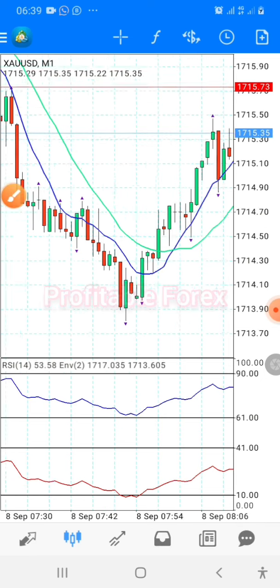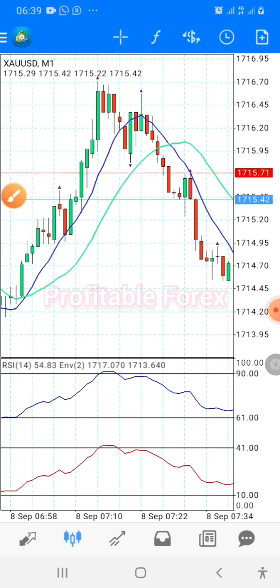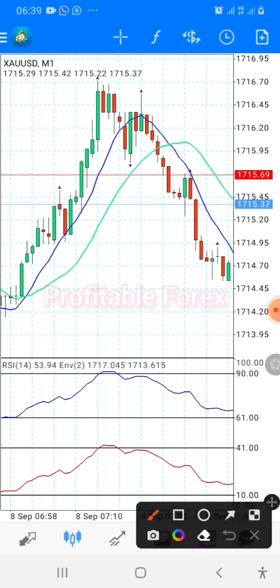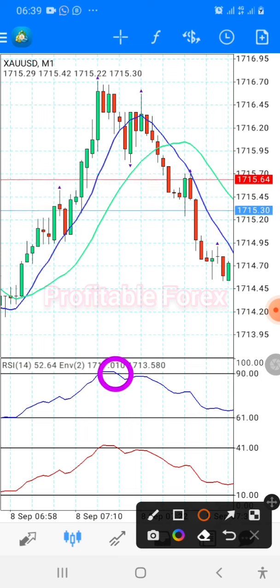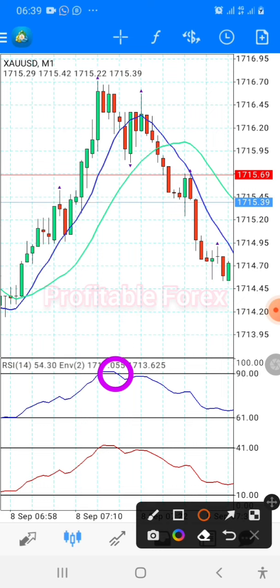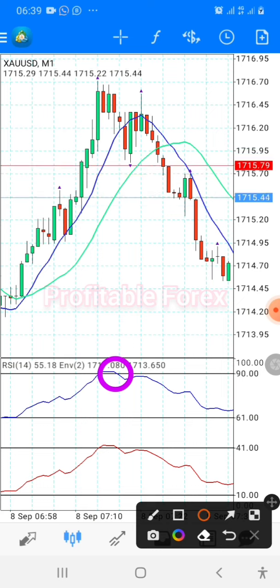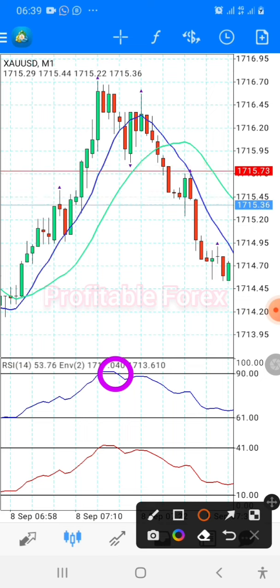Then for a sell, the explanation is the reverse. The blue moving average has to be at level 90, and not just at level 90, it has to go a little above it and then retrace a little bit to form the V shape. The red moving average will be at level 40 or a little above level 40, like you have over here.